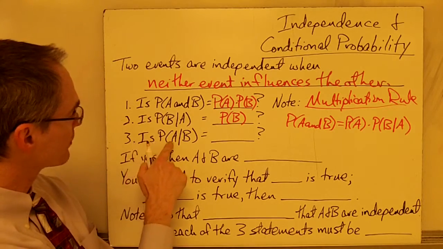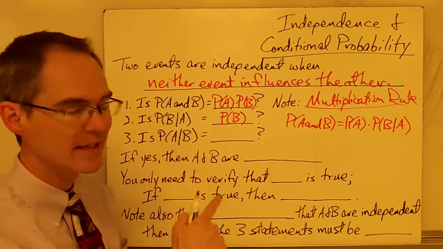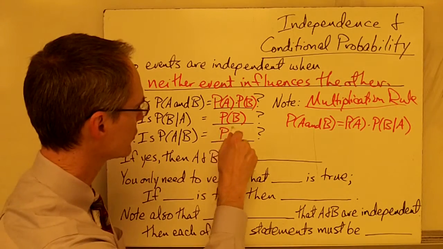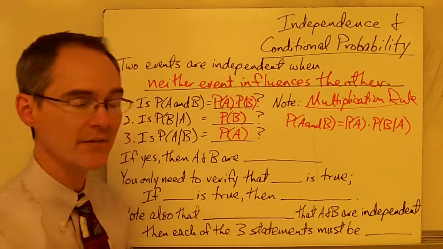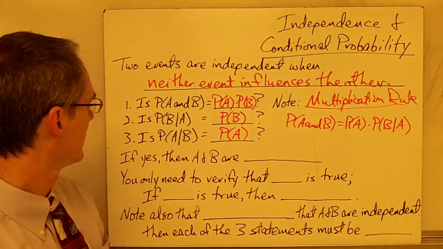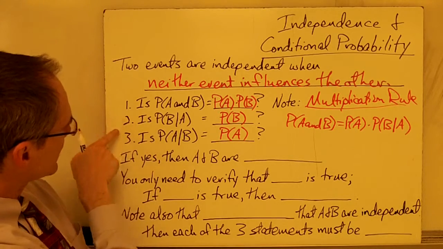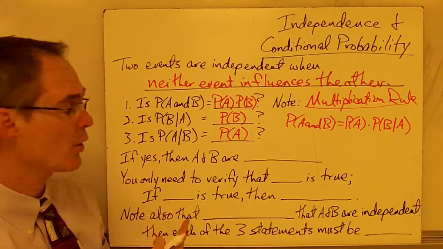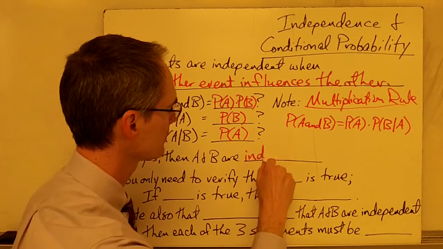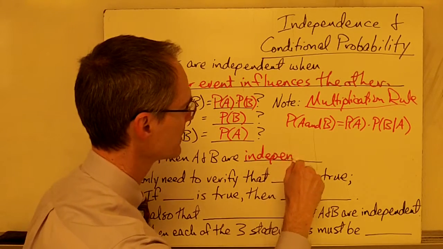In the same way, if the probability of event A, given that event B has already happened, is equal to just the probability of A, well then I know the events are independent. So if I can answer yes to any of these three questions, then I know that events A and B are independent.